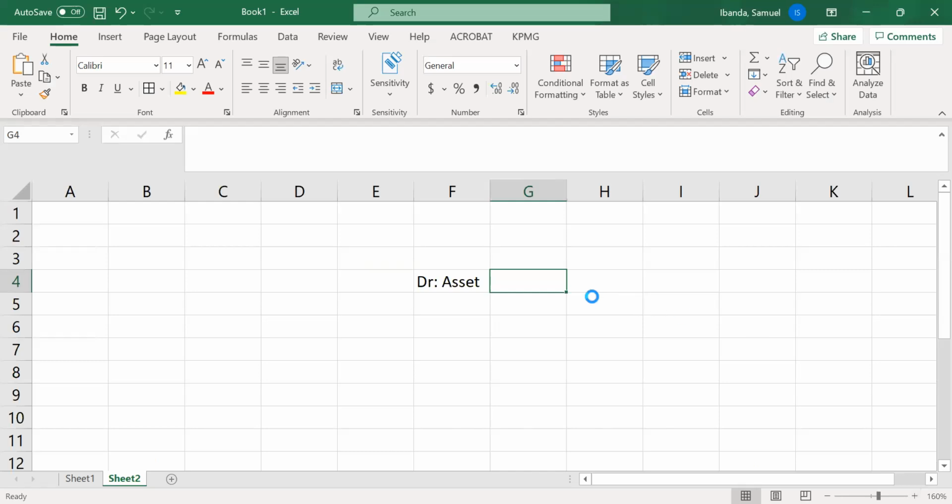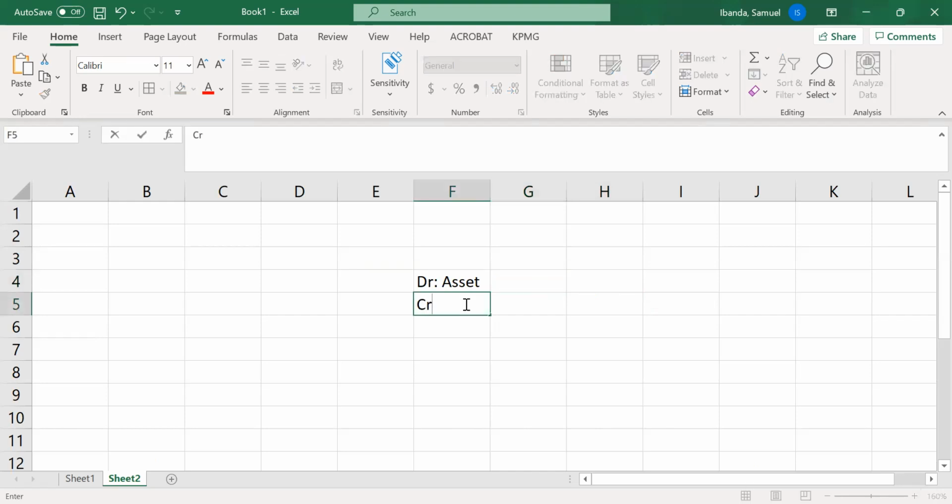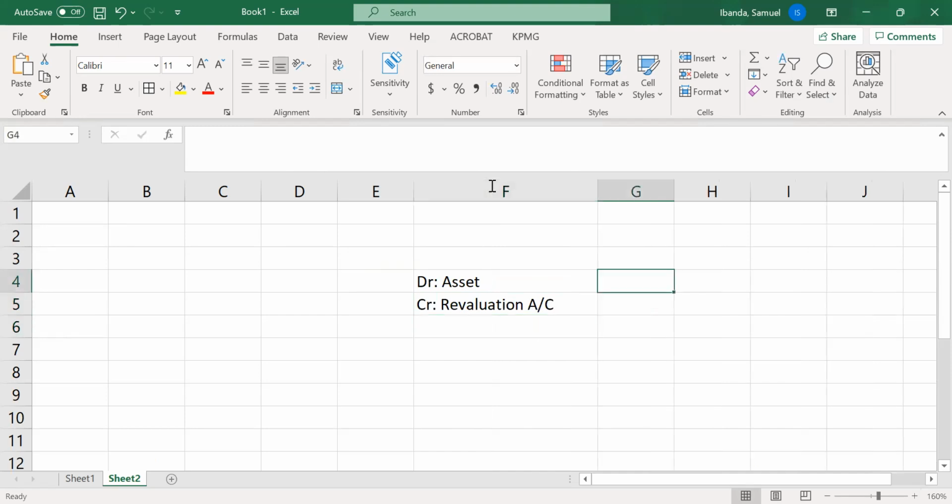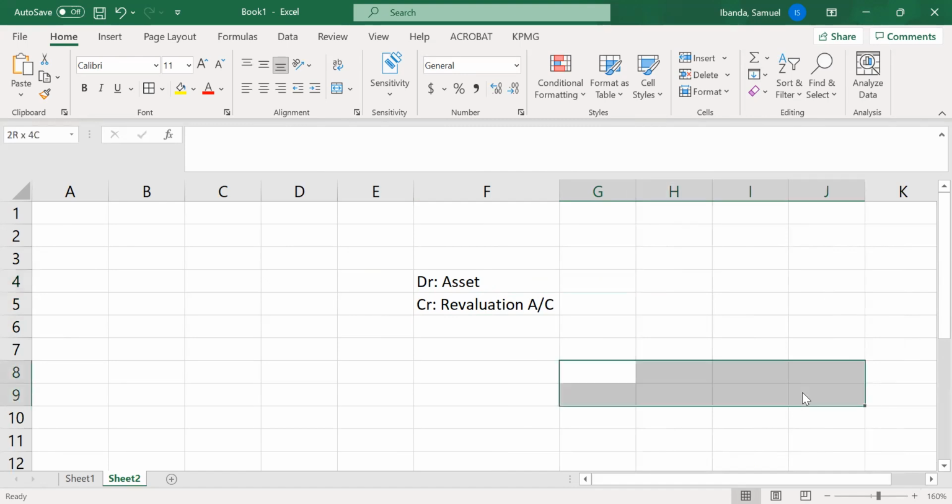The asset is increasing in value. And then we credit the revaluation account. We usually credit the revaluation account. So when they ask us to draw accounts for each of the assets, definitely we have to do the T accounts, okay?